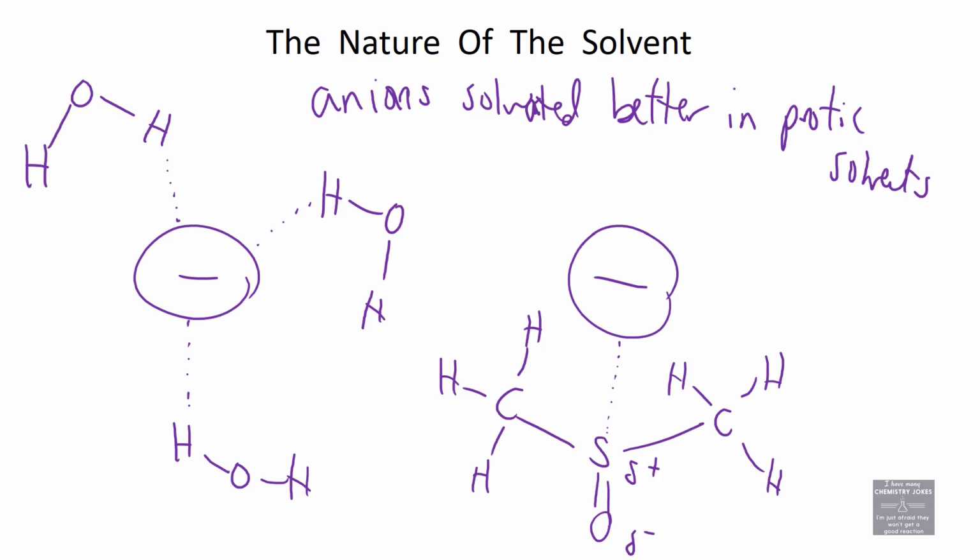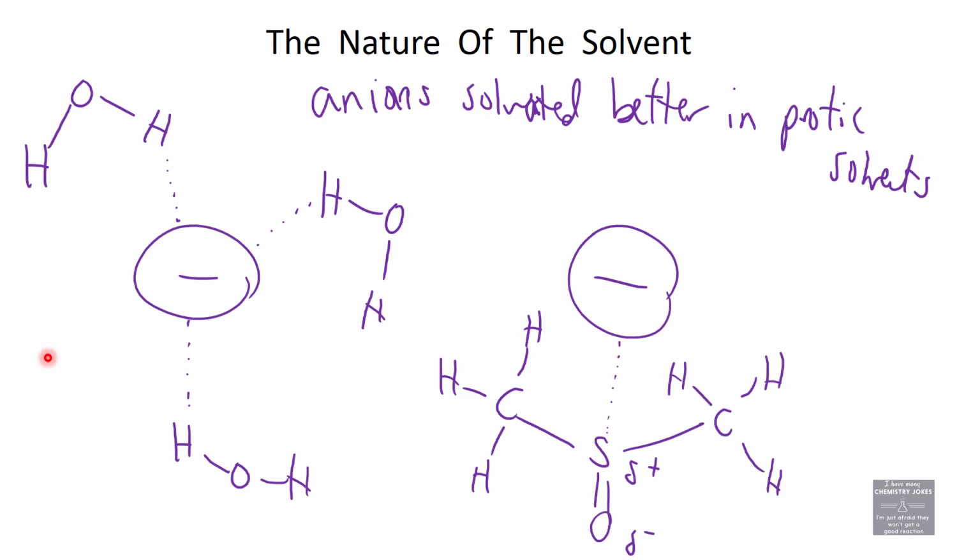How does that wrap in with what we talked about the last time? Anions are our nucleophiles in these substitution reactions a lot of times. Not always, but anions are our nucleophiles. If that nucleophile is weighed down with a bunch of solvent molecules, it's not as available to attack things.